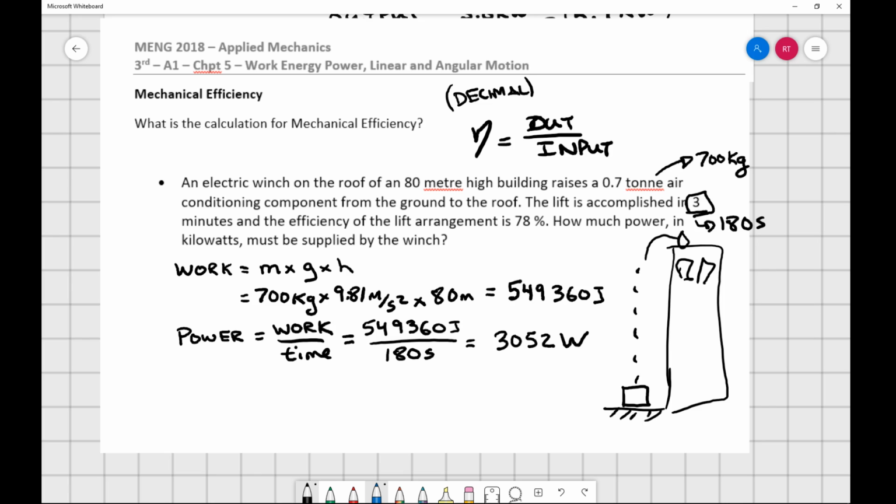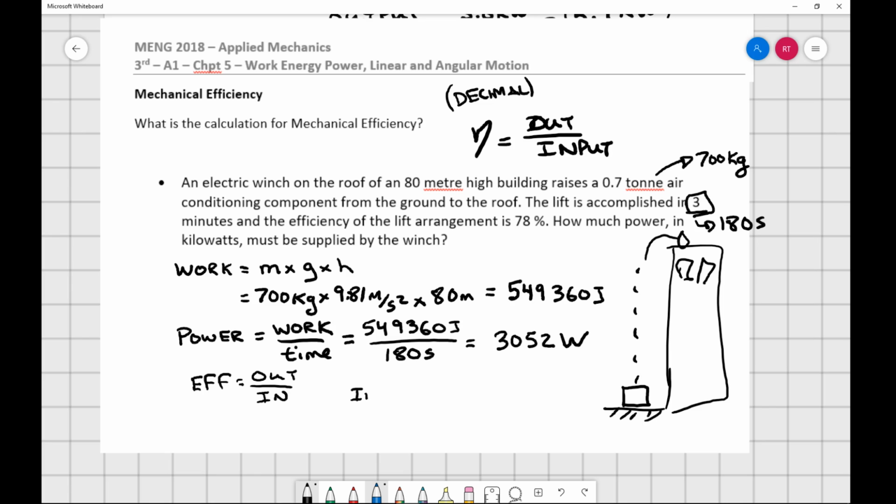However, it's not. So my efficiency is equal to out compared to in, and I want to know a new input power.